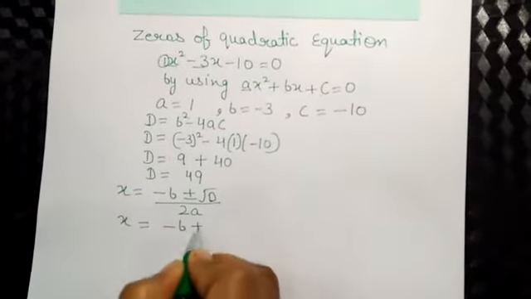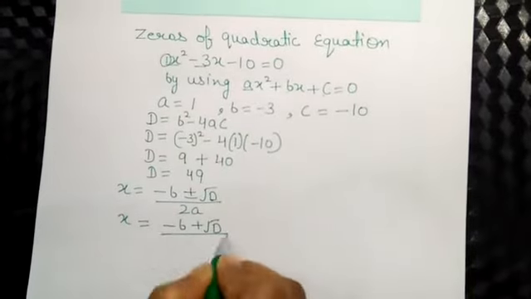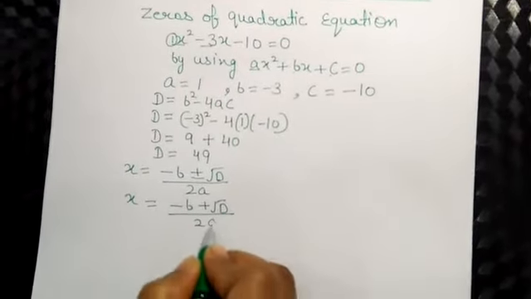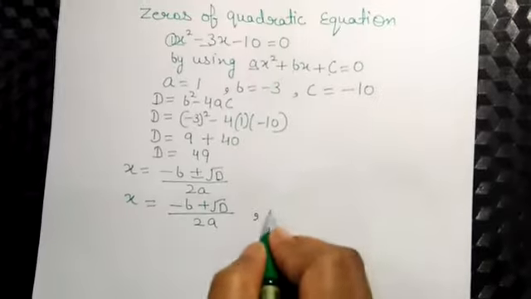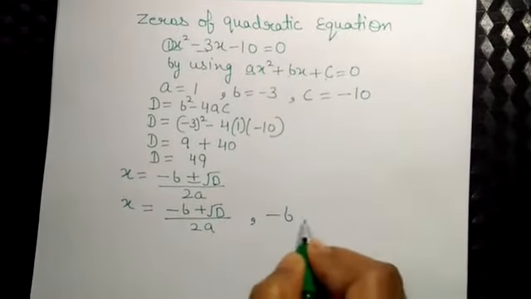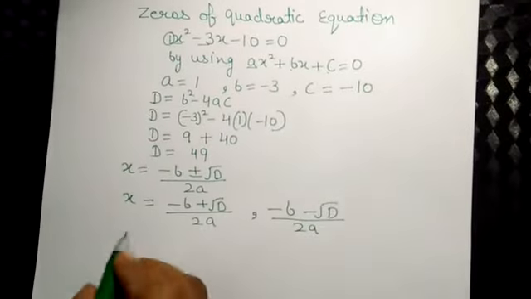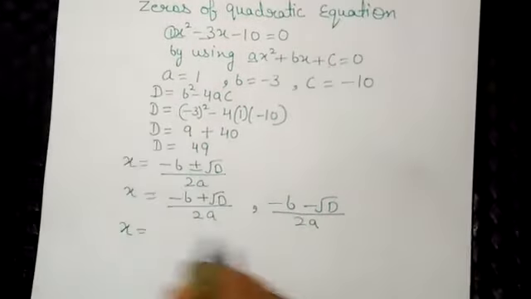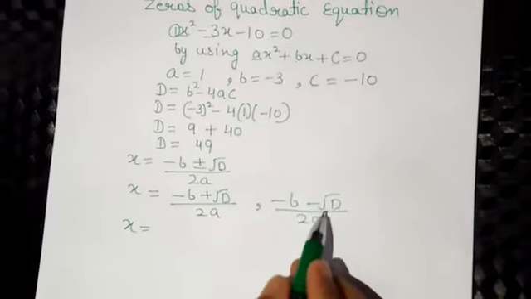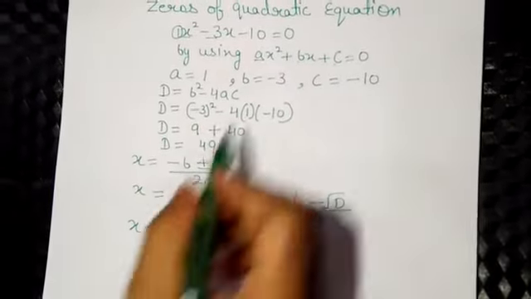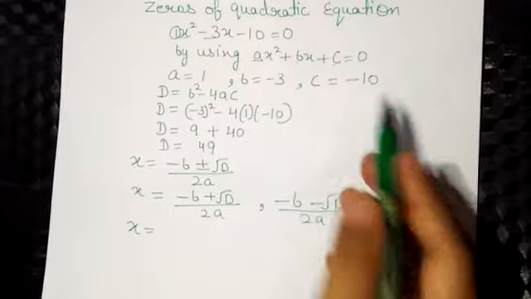First we'll put the plus sign, minus b plus root d upon 2a, and in the second we are going to fill minus b minus root d upon 2a. Now we are going to fill values according to this formula from a, b and c.